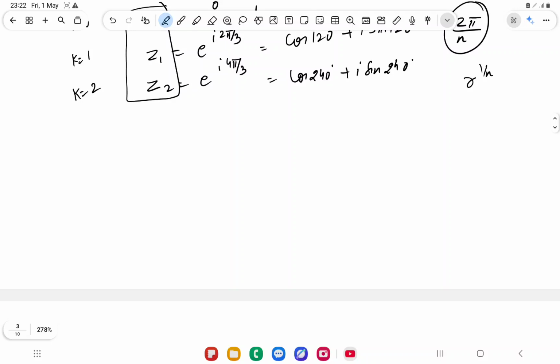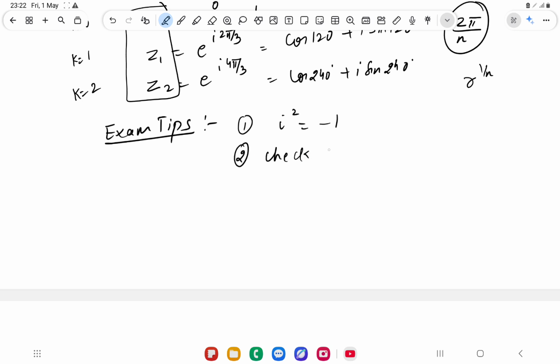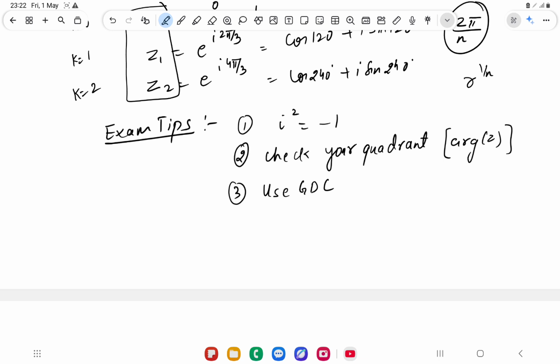Now at the end, I can give you some exam tips which you have to remember. First one is, always replace i squared with minus 1. This is the most common mistake that students make. Second one is, always check your quadrant whenever you are finding the argument of z. Third one is, use your GDC if it is paper 2 so that you can verify your modulus and argument.